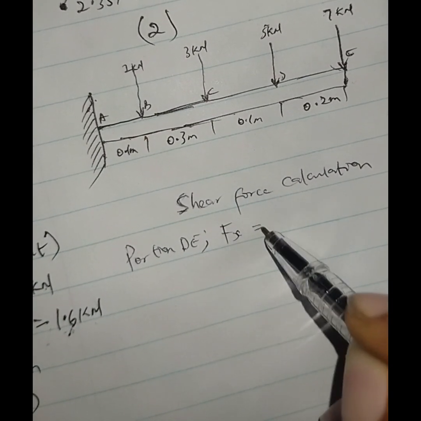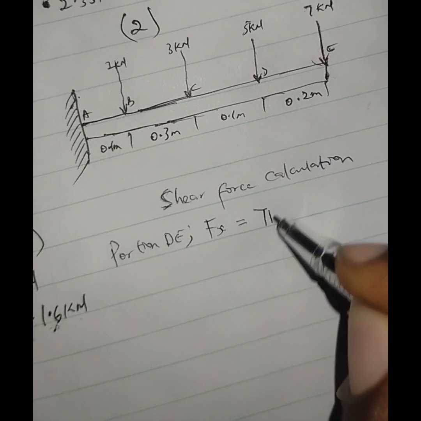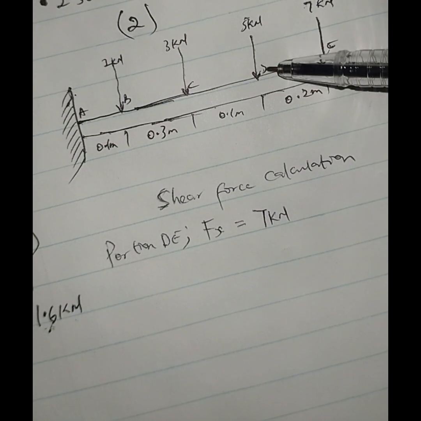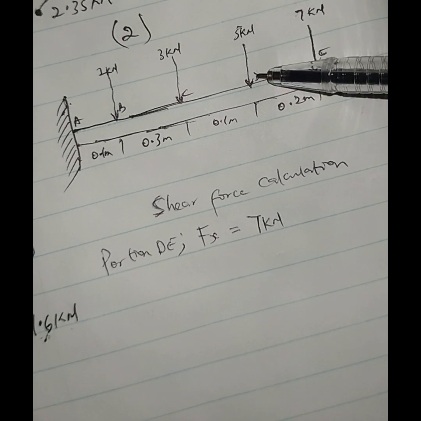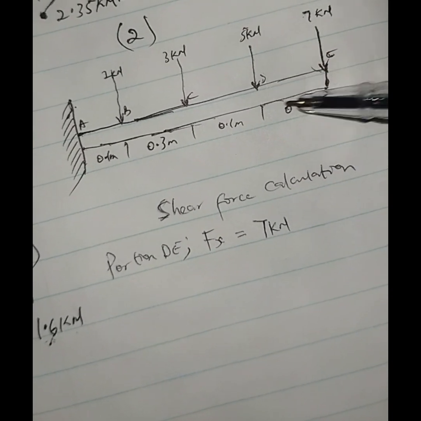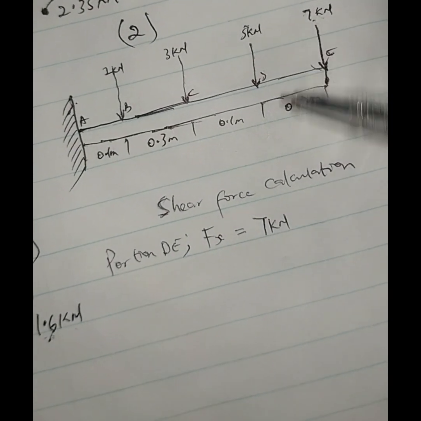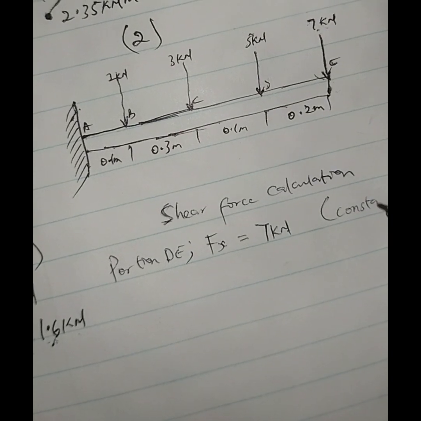F of x is equal to what? 7 kilonewton. Why is it just 7? Because you are cutting the beam before the D. So now you can see only the 7 kilonewton. You cannot see this 5. So you pick only this 7 and you say it is a constant.